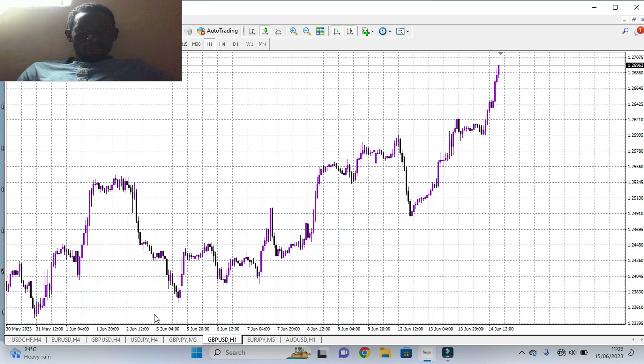As you can see here, this is an up trade because it is moving up, moving up, moving up. This is the Great Britain pound, that is the quote currency, with USD dollars, that is the base currency.